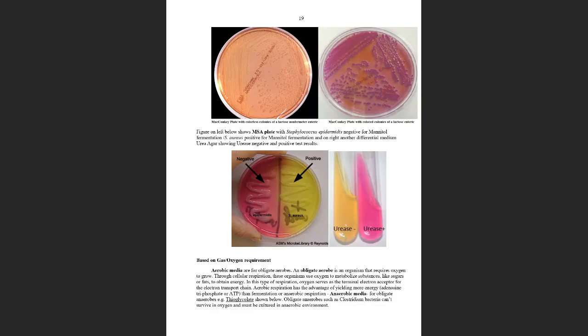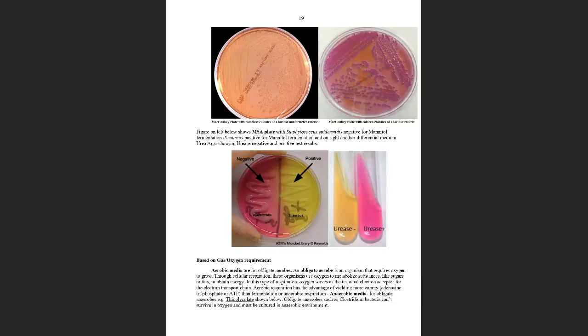Some bacteria are like us. They are aerobic. They need oxygen. They will die without oxygen. There are not too many of them. There are very few bacteria that are obligate aerobes like we are. We are obligate aerobes. We cannot live without oxygen. Most bacteria are facultative anaerobes.